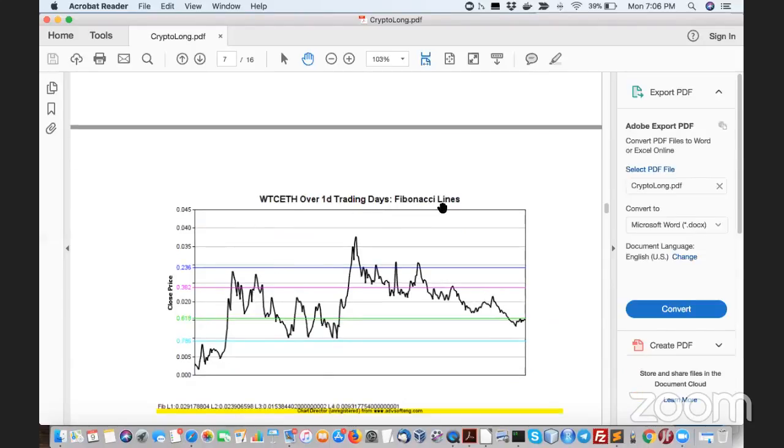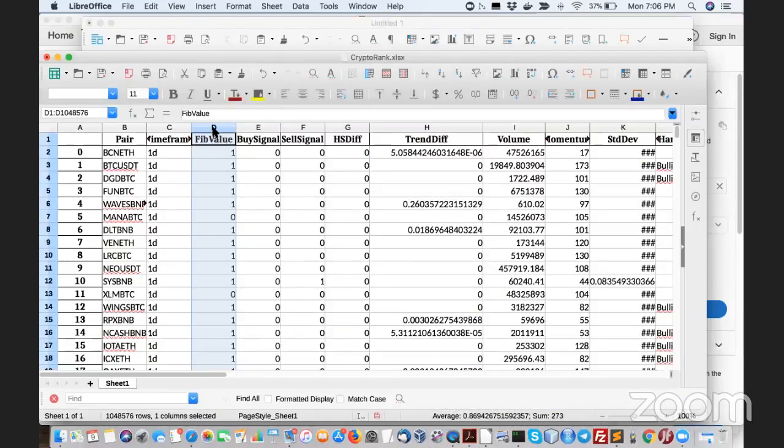And here we have Fibonacci lines. We use daily lines, and all we care about is that the closing price is within what they call the golden range, basically less than the 3.382 level. If it's less than that, we can say it is within that golden range of valuation. That's what I like to know about these currency pairs, if they're overvalued or undervalued.